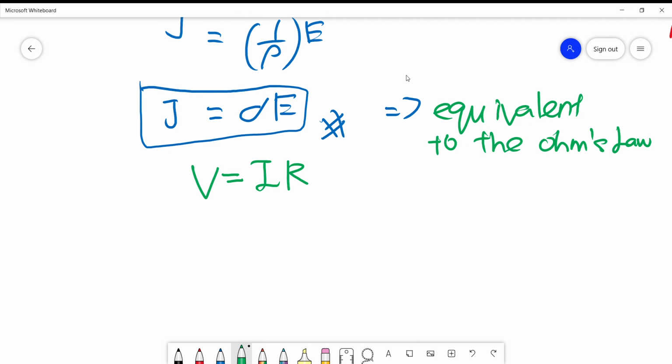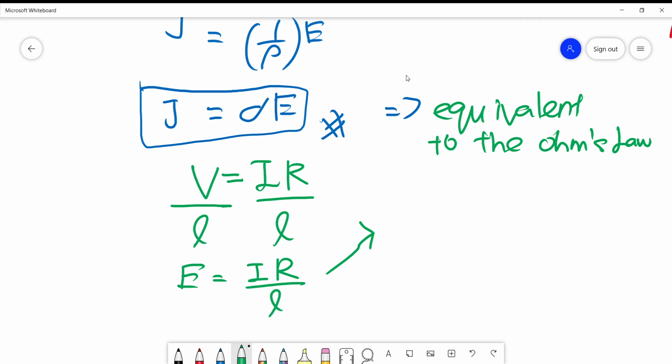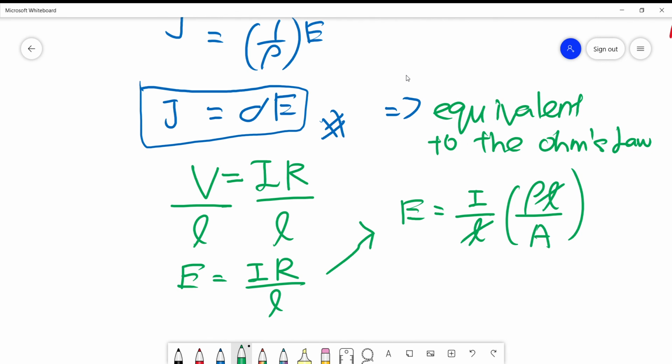If I wish to find this formula, what we need to do is divide both sides by L. So this is L and this is L. This V over L basically is E, and this remains as IR over L. Okay, so E equals I over L times rho L over A, since R equals rho L over A. And the L can be cancelled, of course.